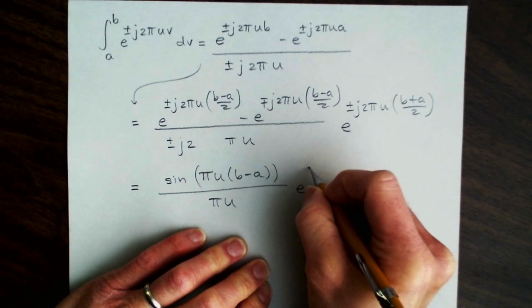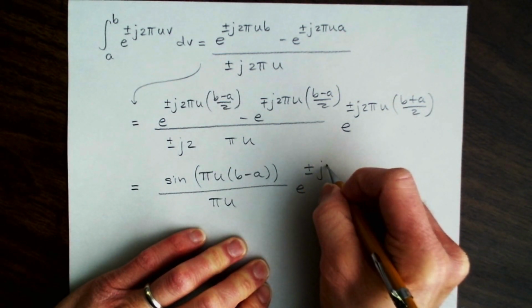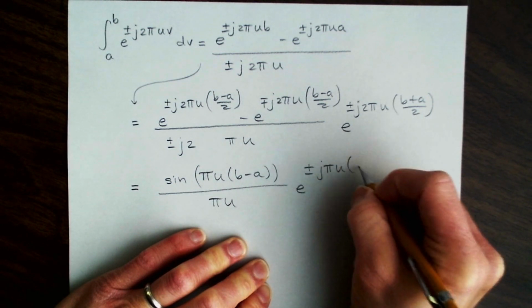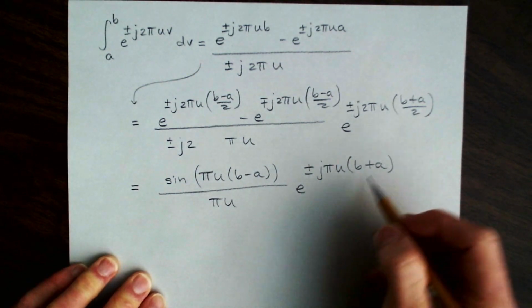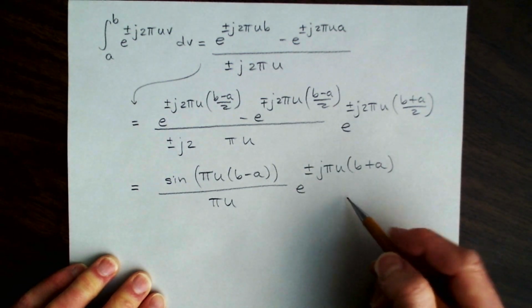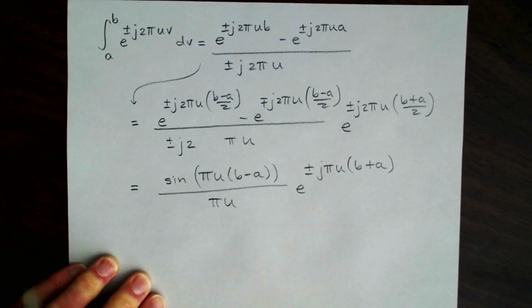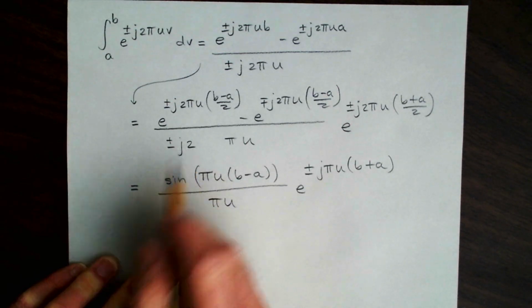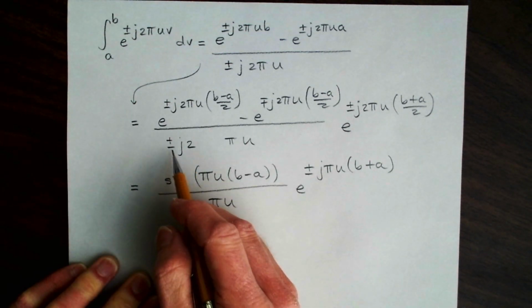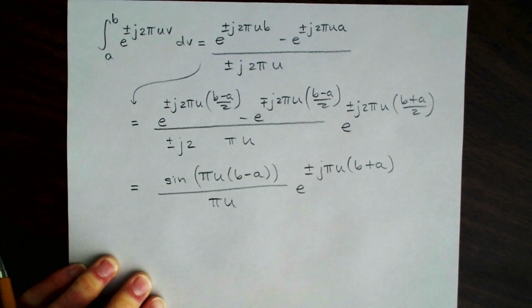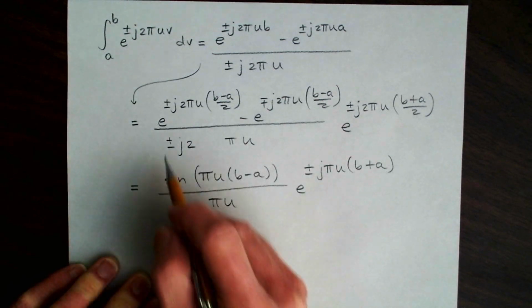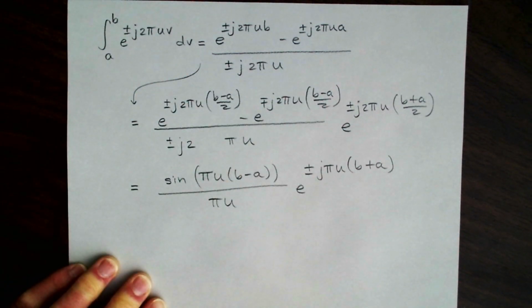And then we still have the exponential function, e to the pi u times b plus a. And again, we had the cancellation over here in the exponent. You might be wondering, what about this minus j down in the denominator? And what that does is it fixes things up and changes the signs appropriately so that we get a sine function out of this when we use a negative sign in the original integral.